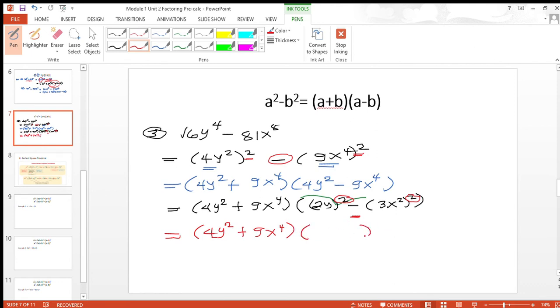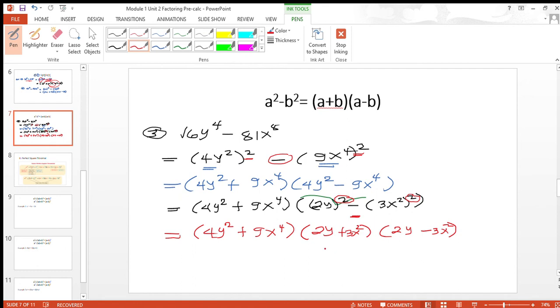So we create again two groups for this. As the rule states, copy the first term plus the second term multiplied by the first term minus the second term. And there you have it. We now have the factored form of 16y to the fourth minus 81x to the eighth.